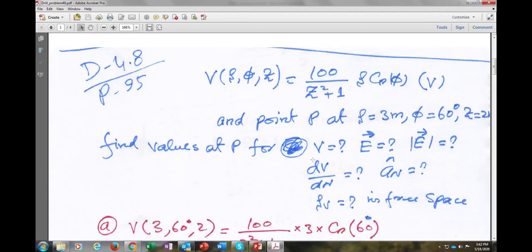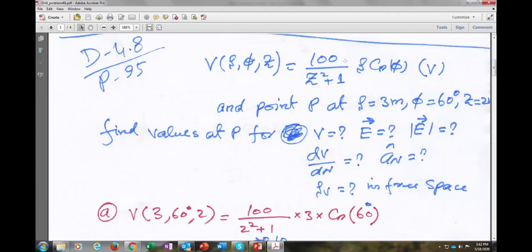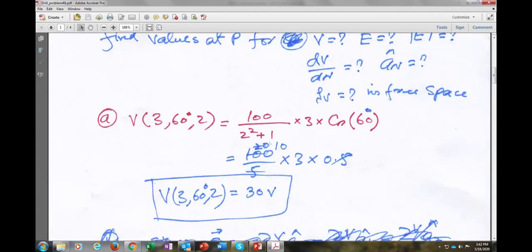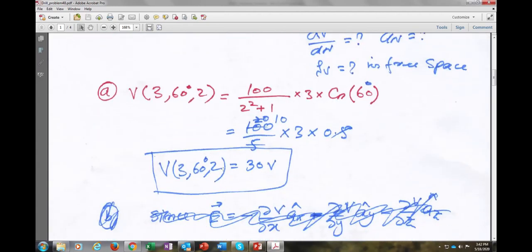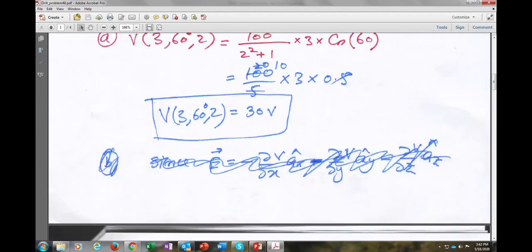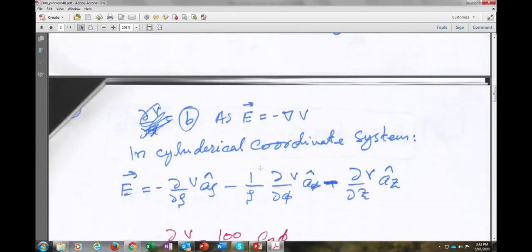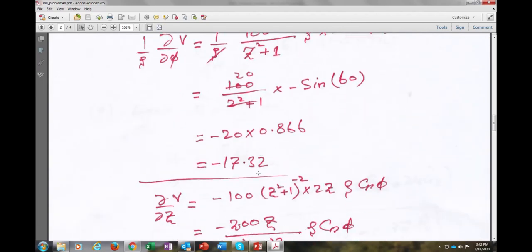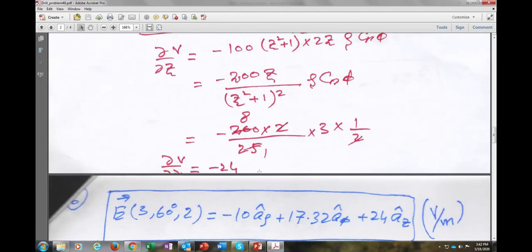Plugging these values in this expression, and after some numerical manipulation, we get the potential at P point equal to 30 volt, which exactly matches the answer given in the book. Now let us see how to obtain the electric field.